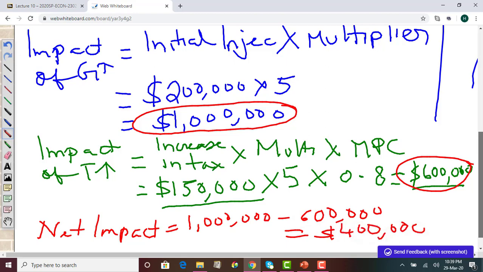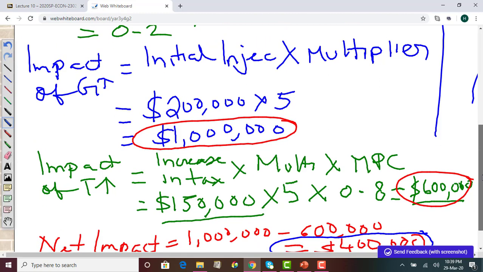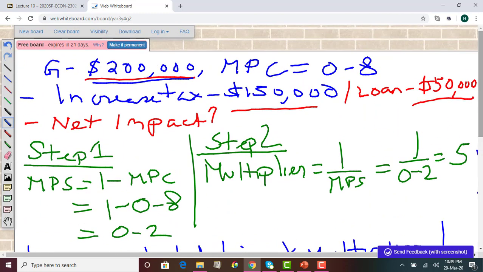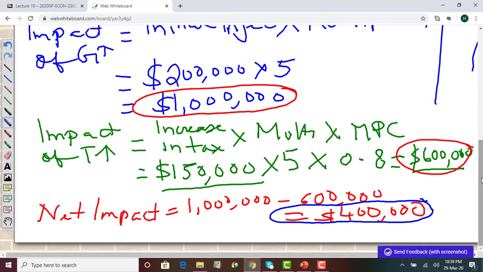So if you look, this is still much better than what we were in the initial position, right? Because the government is increasing spending. Look, the government is increasing spending by 200,000, but although there has been an increase in taxes, output is still going up by 400,000.